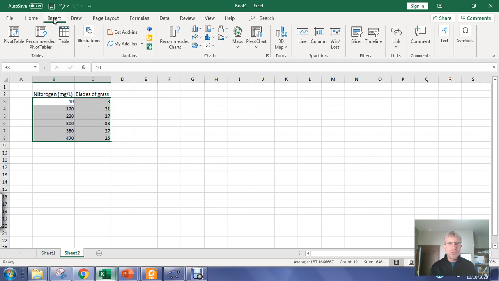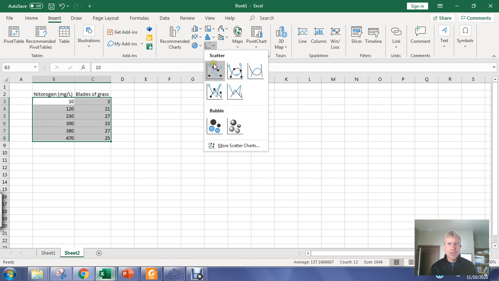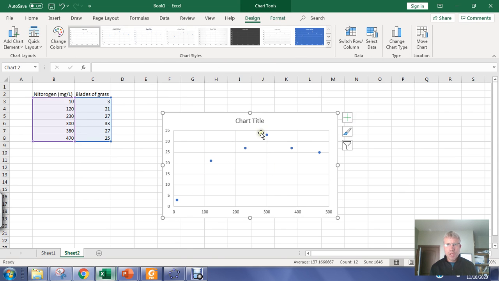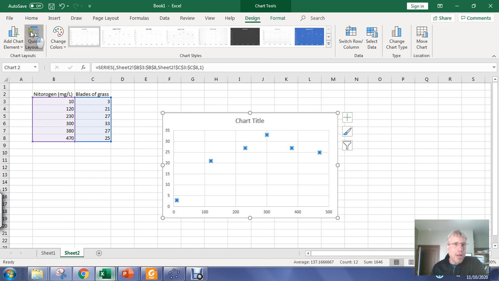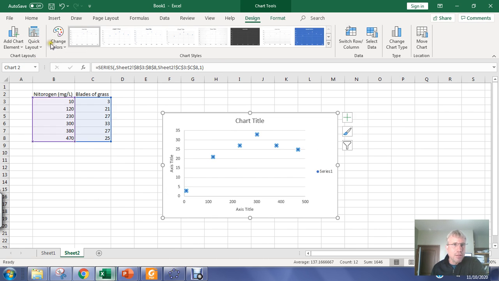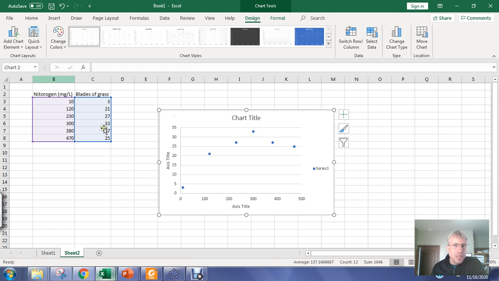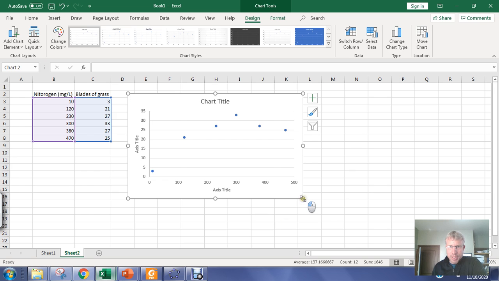Then we go to insert, and we insert a scatter plot with no connect the dots. Actually, we should do quick layout and choose a layout that has axis titles, and then get rid of the series because there's only one set of data. We'll eliminate that, and let me make this just a bit larger.